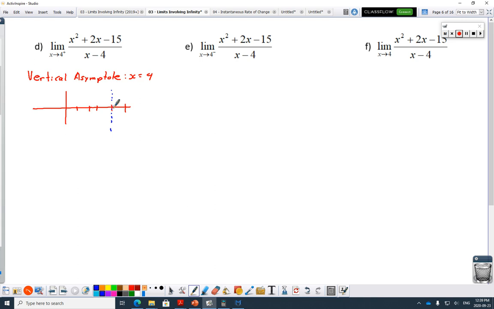Draw your vertical asymptotes with a dotted line to say, hey, the graph can't go past this. It approaches this. But what this question's asking is, how does it approach it? As you come in from the positive side, from the right side here, does the graph go like this? Or does it go like this? That's the question.